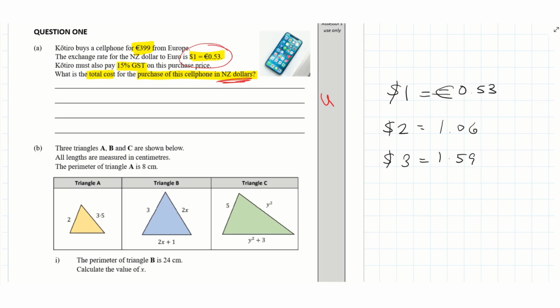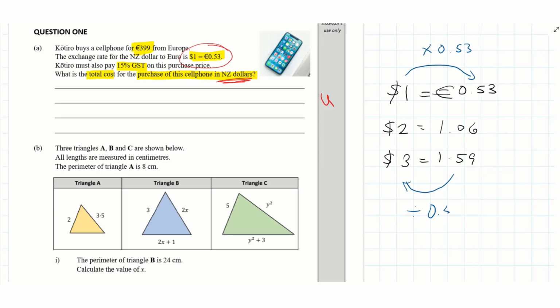If we go from New Zealand dollars to euros, we multiply by 0.53. So obviously, if we go backwards, from euros to New Zealand dollars, we have to do the opposite.